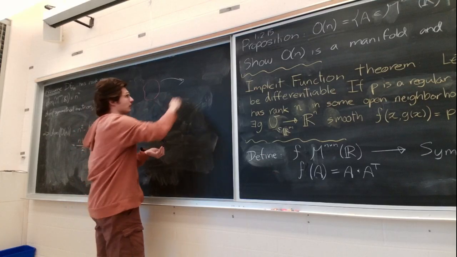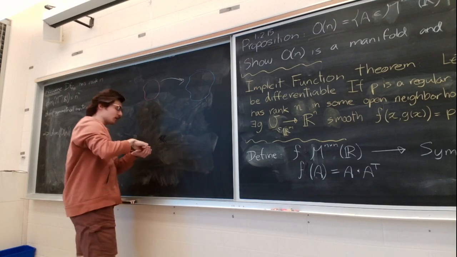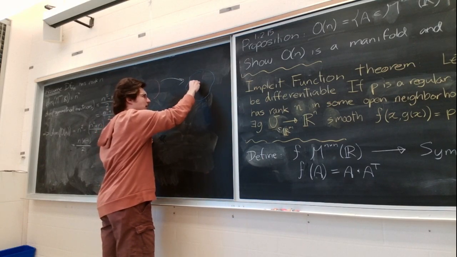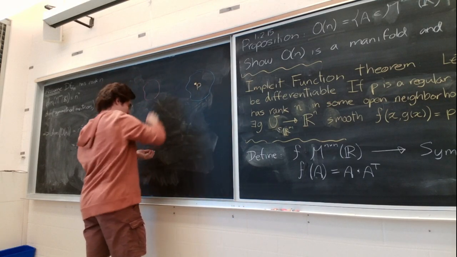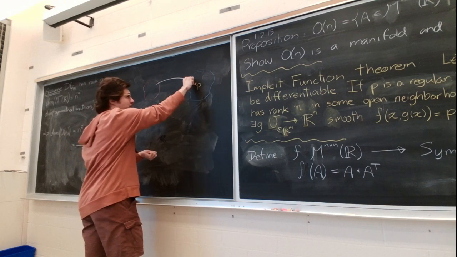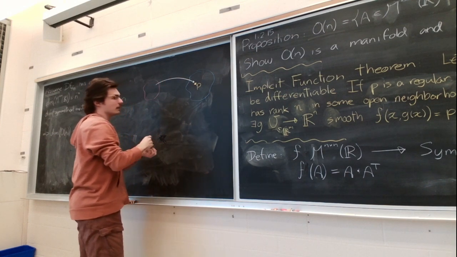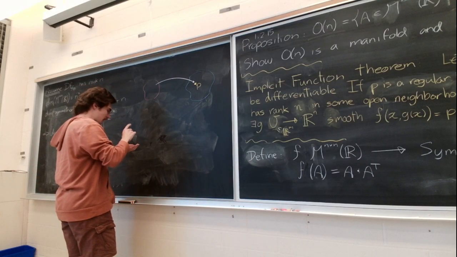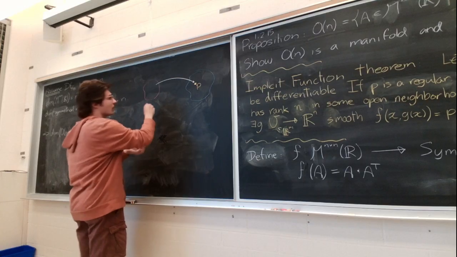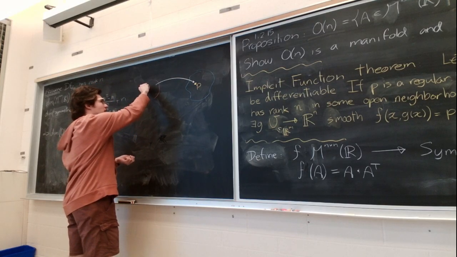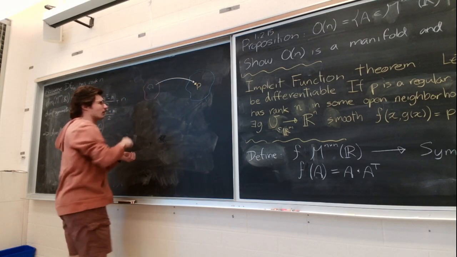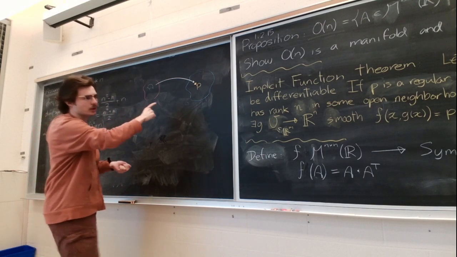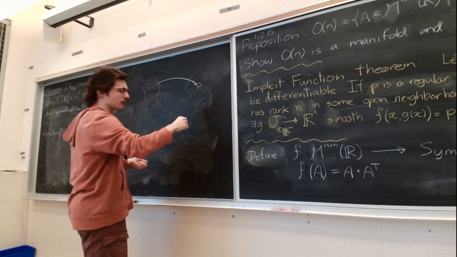Okay, I have some map into some other space. Then I have some point P here. That's just the identity in our case, but it could be any point. And so I can look at the pre-image of this point. This theorem isn't really about a regular value, not just a regular value p.